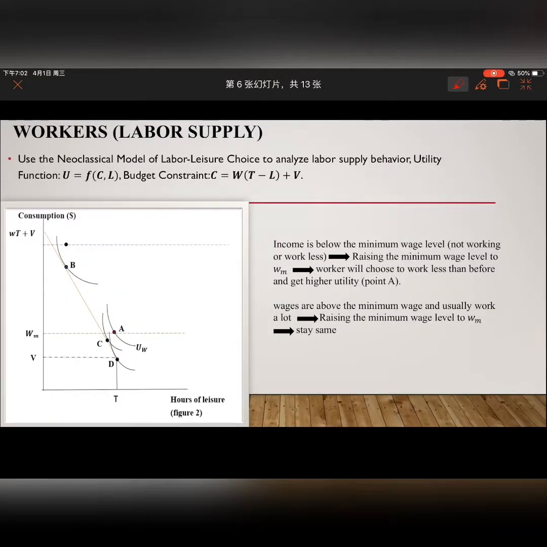From the perspective of workers, the labor supply side, we use these models.